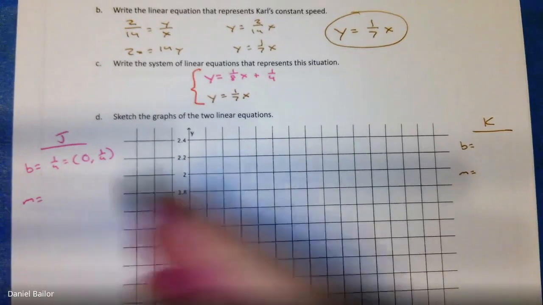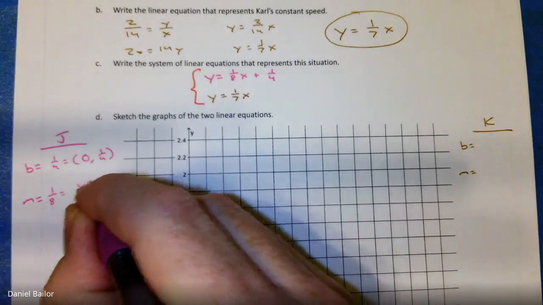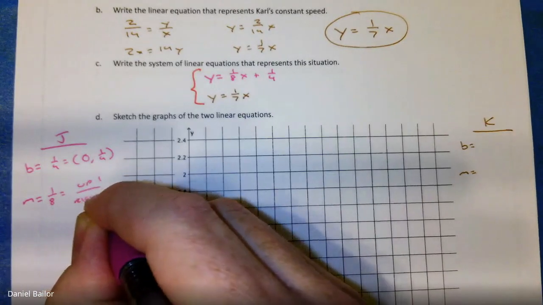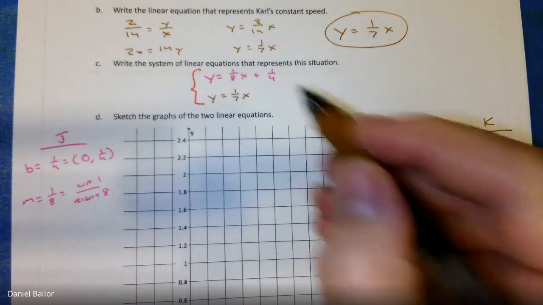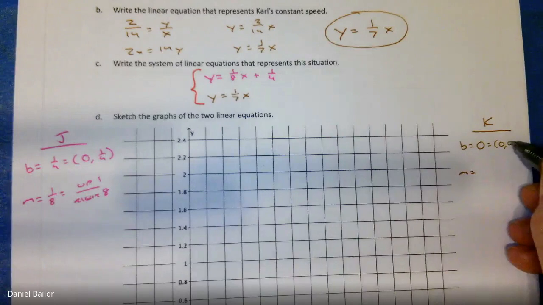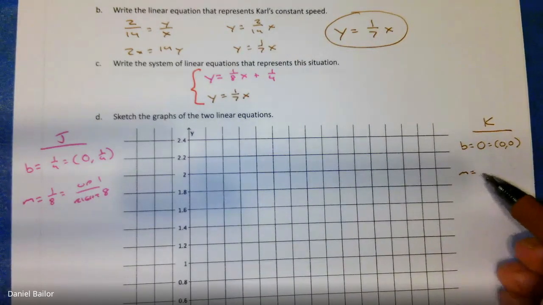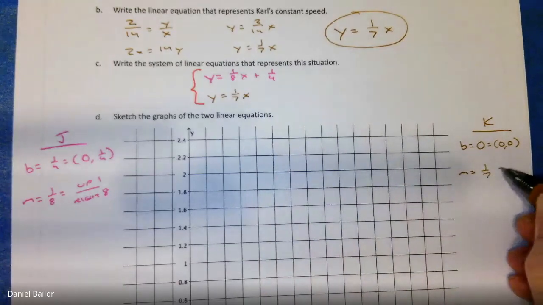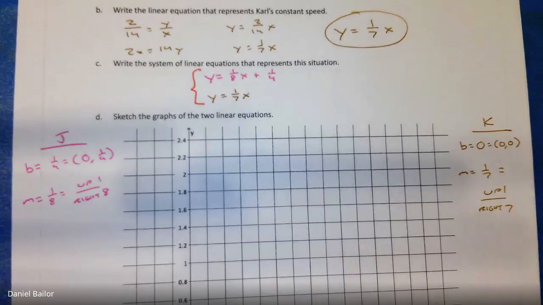And Jessica's slope is 1/8, which means she goes up 1 and right 8. Carl's y-intercept, there's nothing there, which means his y-intercept is 0. So he crosses the y-axis at 0, 0. But his slope is 1/7, which means he moves up 1, right 7. So that's the information. Let's use that information to graph these lines.